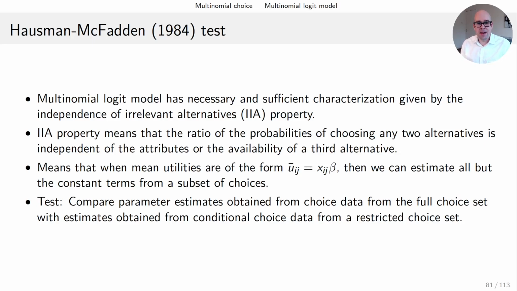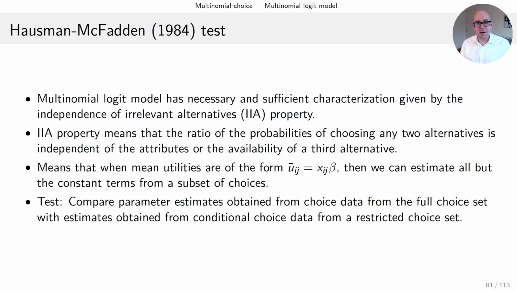Okay, and if IIA does not hold, then the test will reject, because you will get different estimates of alpha when you choose different subsets. So this corresponds again to this example that you're basically estimating the model when the second bus is not available, and then you're estimating the model again when the second bus becomes available.